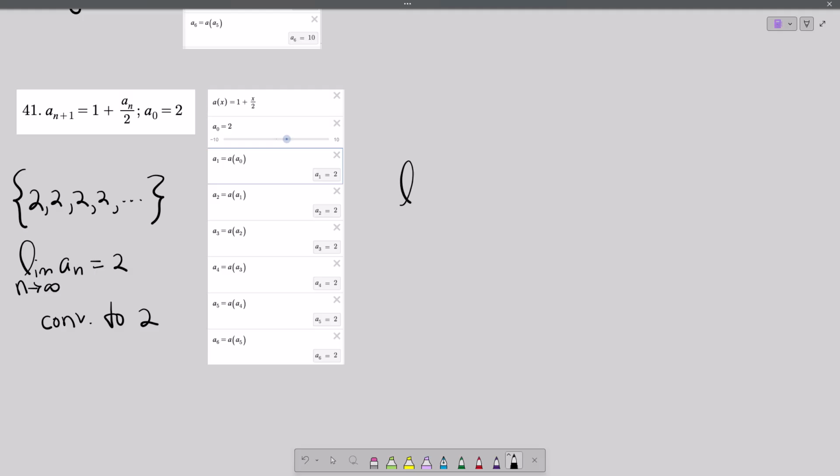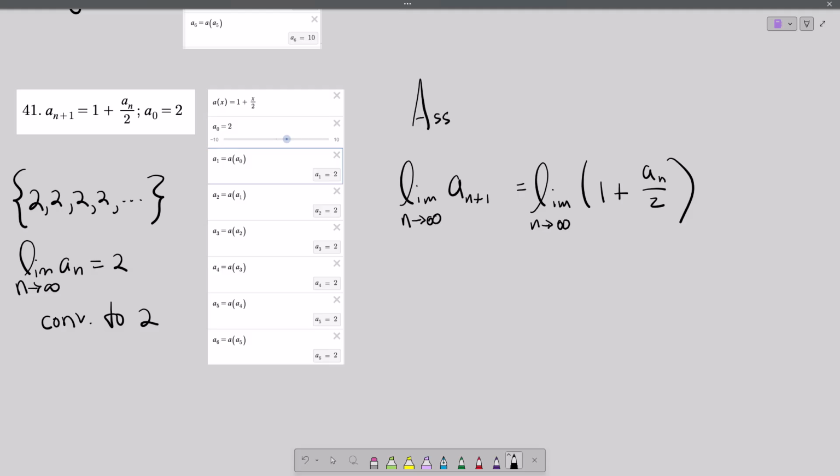If you take the limit of both sides of this right here, so the limit as n goes to infinity of the left side, a sub n plus 1, and the limit as n goes to infinity of the right side, 1 plus a sub n over 2, this only works if you are darn sure, because you've looked at empirical data, that it does converge.